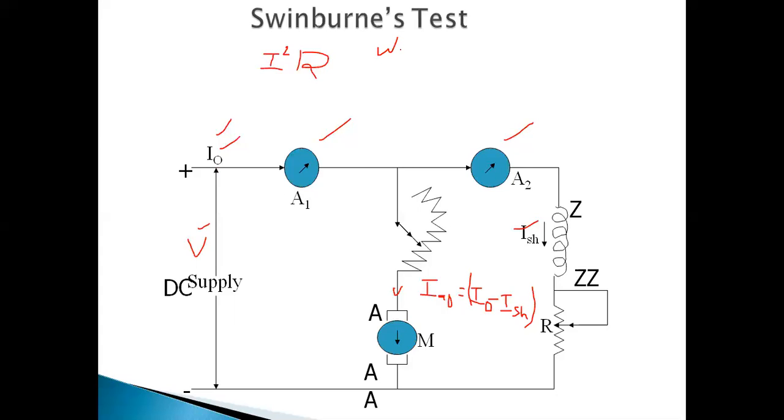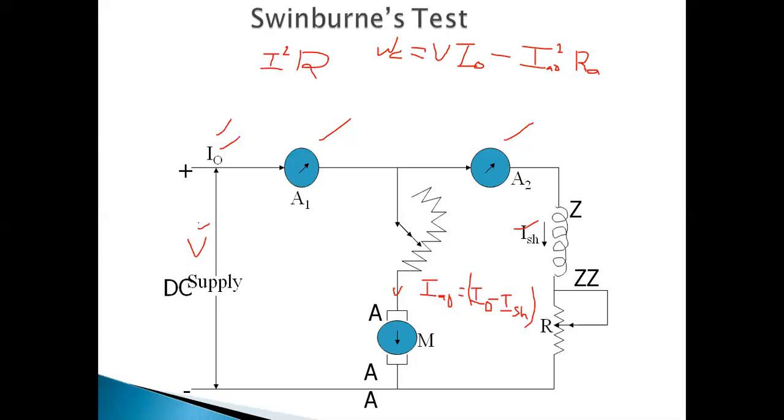Then the constant losses WC is equal to the no load input power V I naught minus IA naught square RA. After calculating the no load constant losses, now we can determine the efficiency at any load.